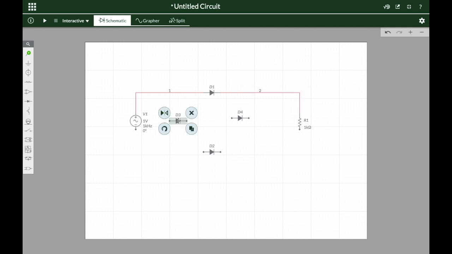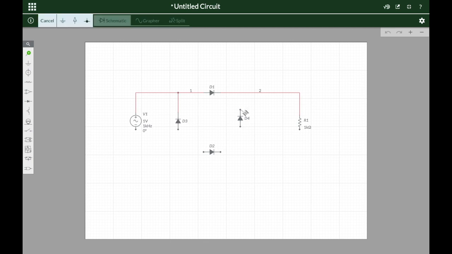So let us turn D3. Now D3 has negative end to upper side, which will connect to the junction of positive end of D1 and the AC source. We will connect D4 in the same orientation as D3. So I am going to turn D4 also.